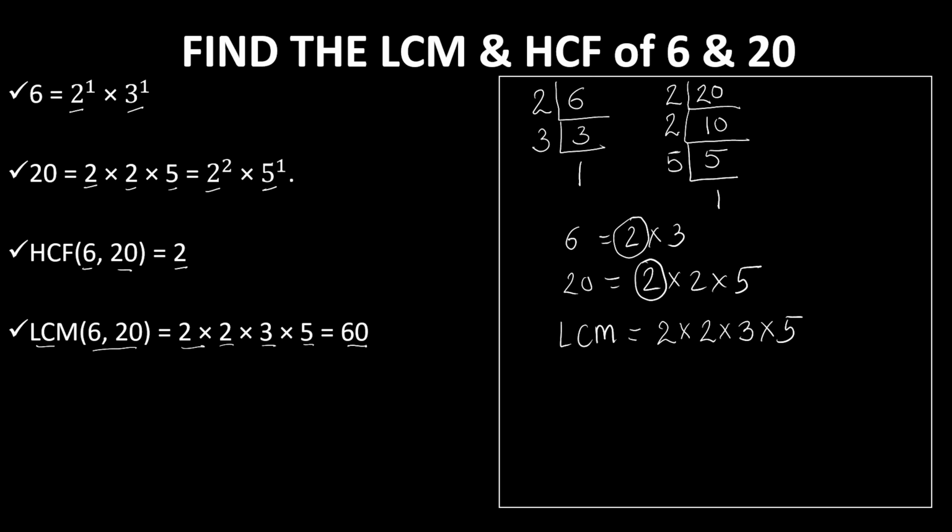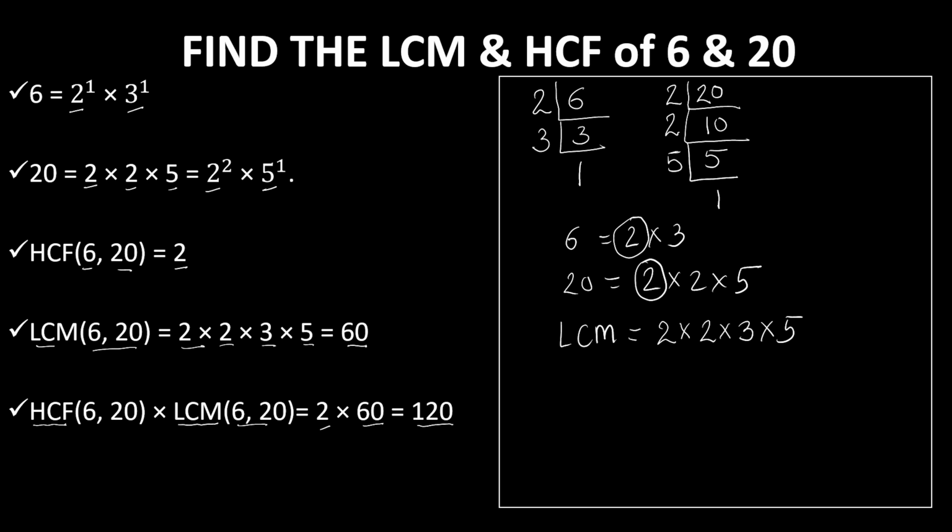Now observe here, the product of HCF, the highest common factor of 6 and 20, and LCM, the lowest common multiple of 6 and 20, is 2, the highest common factor, multiplied by 60, the lowest common multiple. If we multiply these two numbers, we get 120.